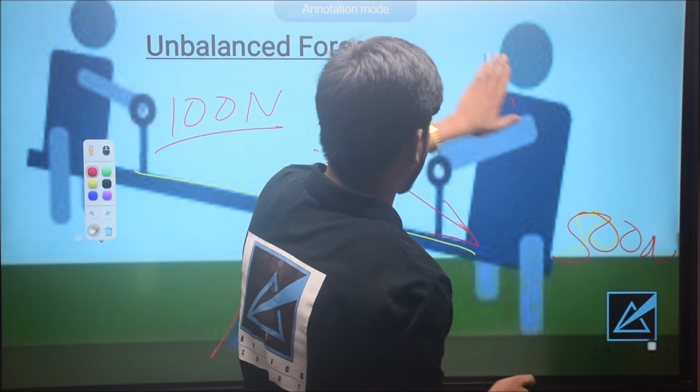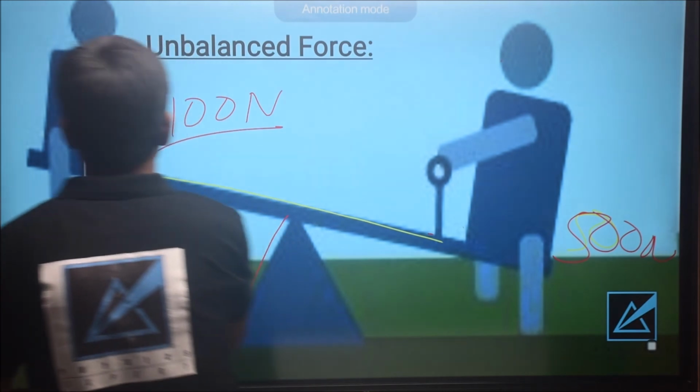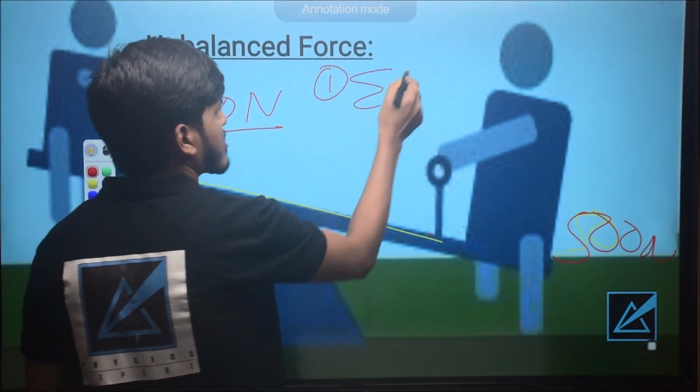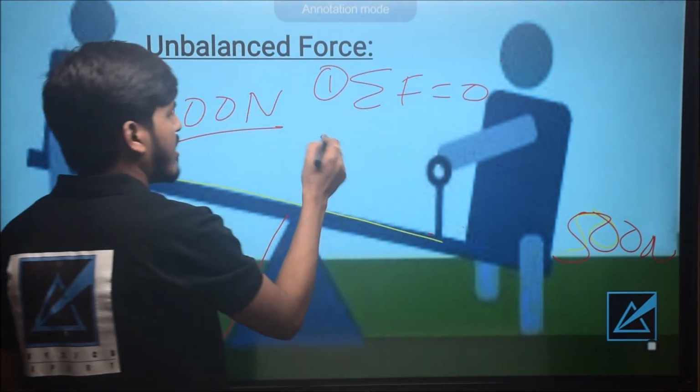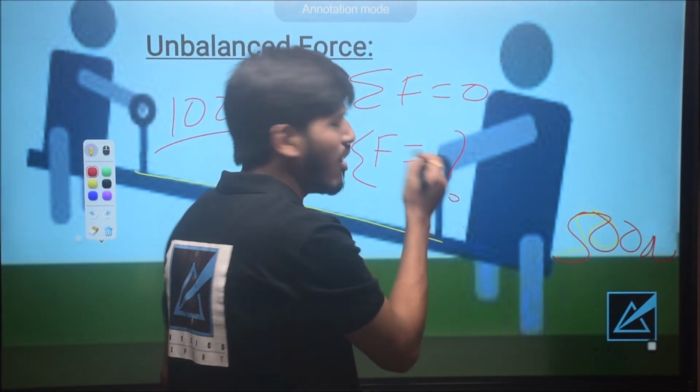Balanced and unbalanced: in balanced, the sum of net force is 0, and in unbalanced, there is a net force, there is a certain value of it, right?